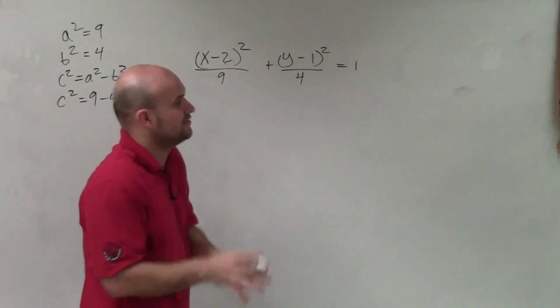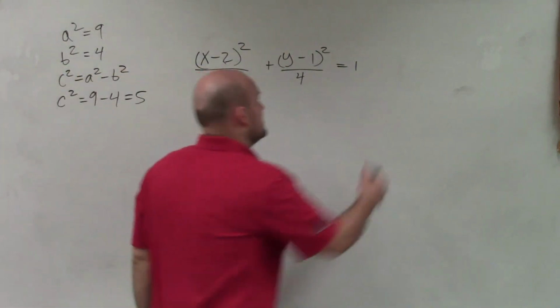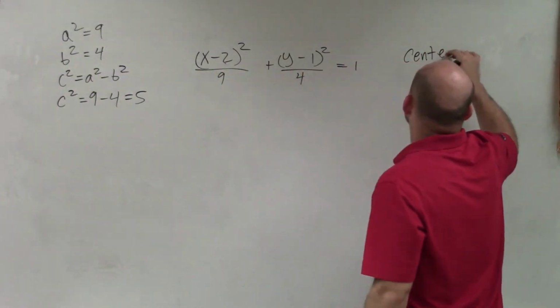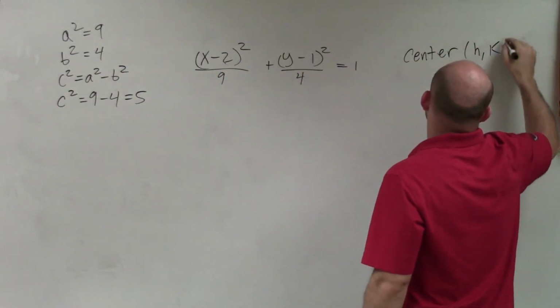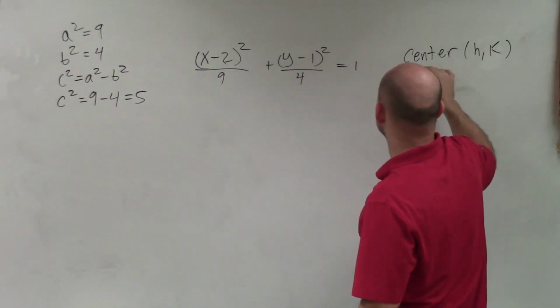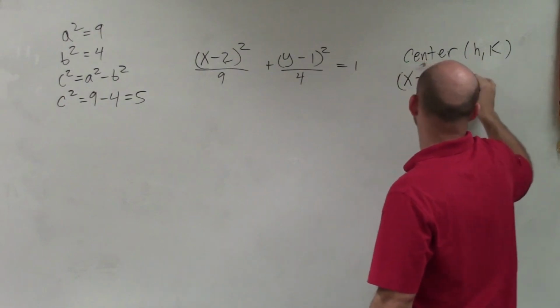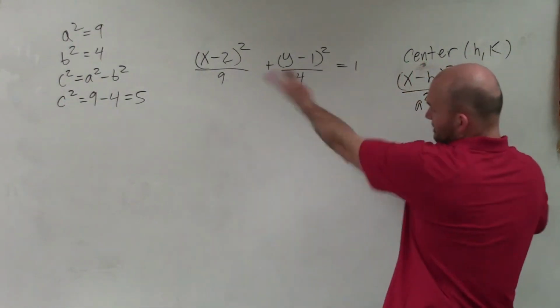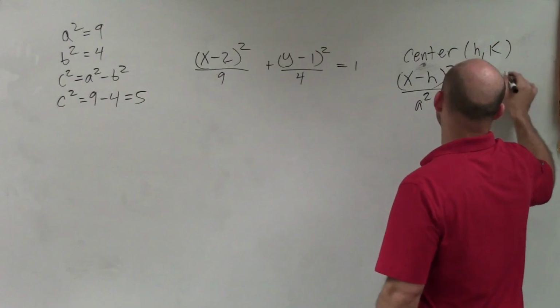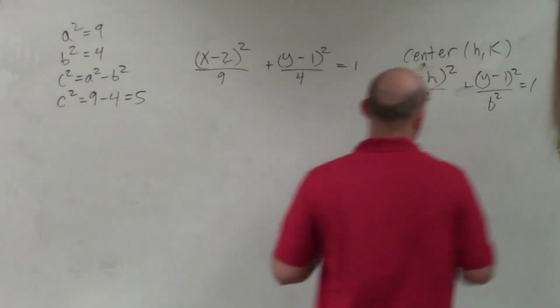Now remember, in the standard form of the equation, my center is always going to be at (h, k). So it's going to be (x minus h) squared over a squared, which in this case is 9, plus (y minus k) squared over b squared, which in this case is 4, equals 1.